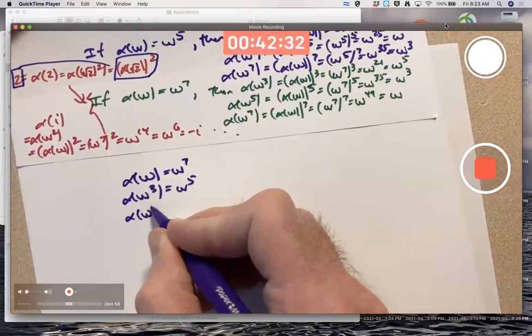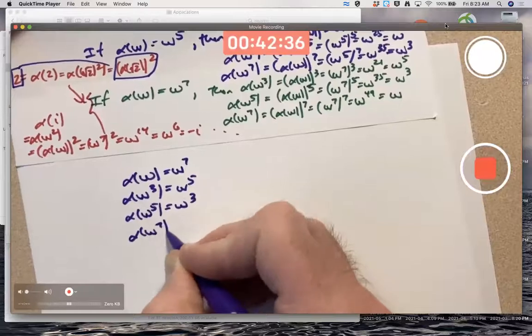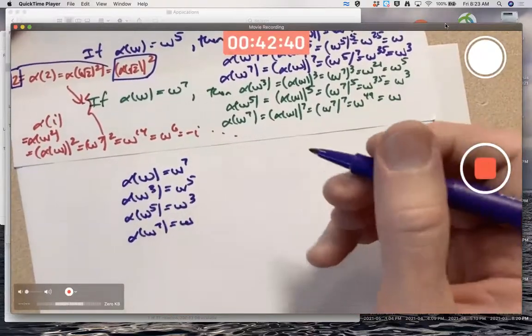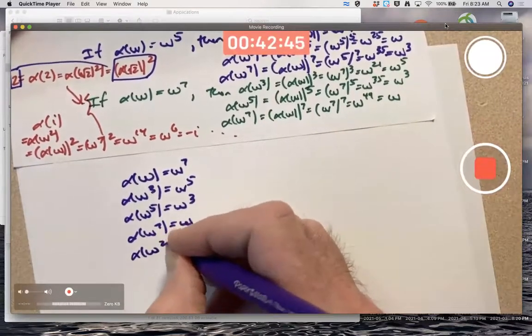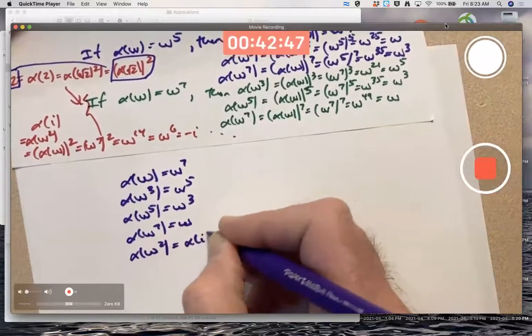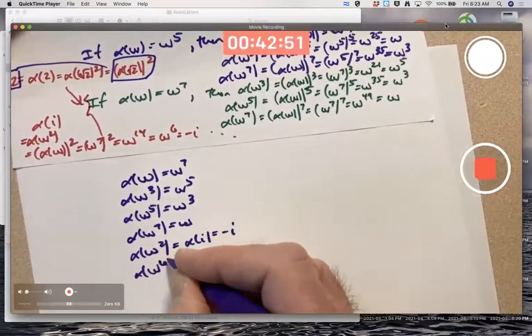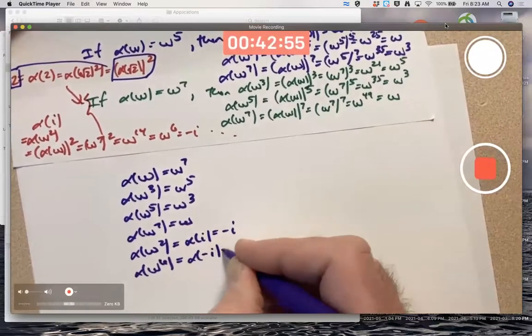Alpha of omega to the fifth equals omega cubed, and alpha of omega to the seventh equals omega. This particular example, again, does also have the property that alpha of omega squared equals alpha of I equals negative I. We saw that. And it would also have the property of alpha of omega to the sixth would equal alpha of negative I, would turn out to be positive I.